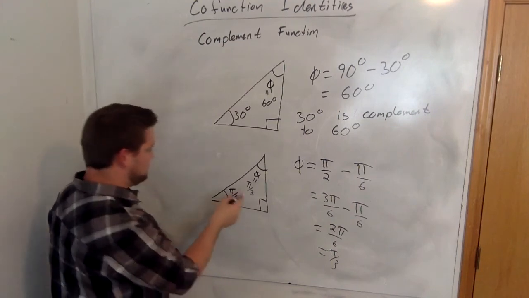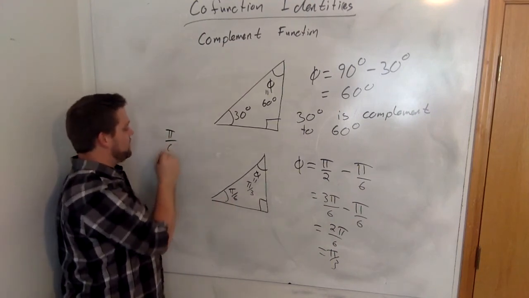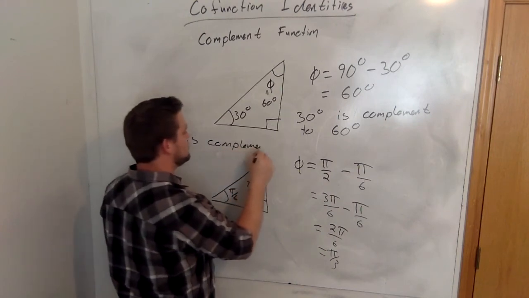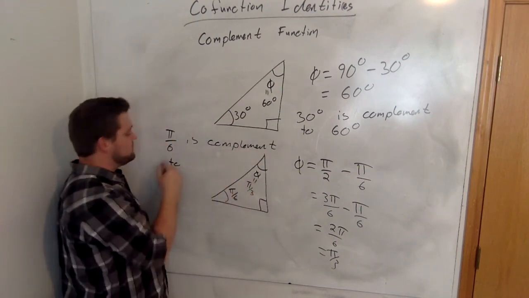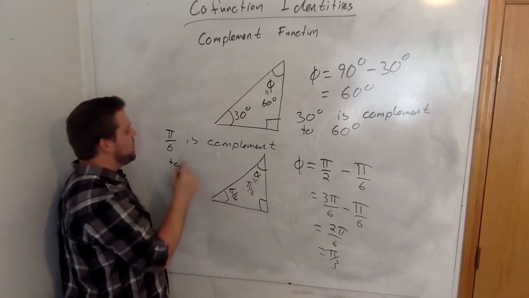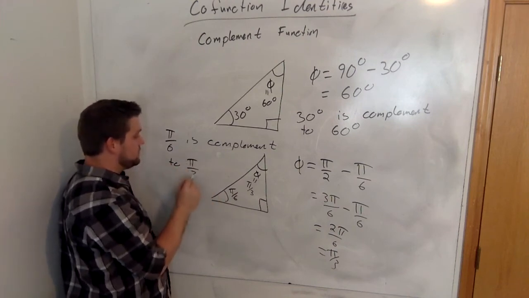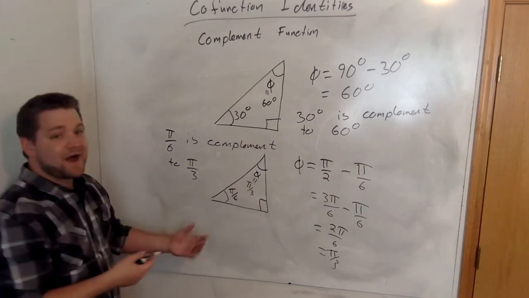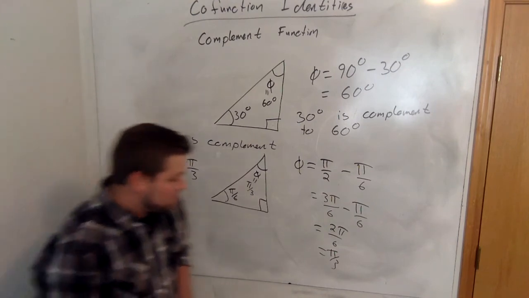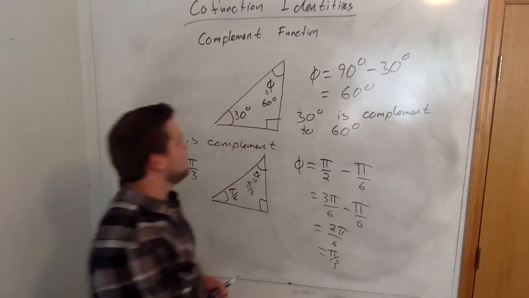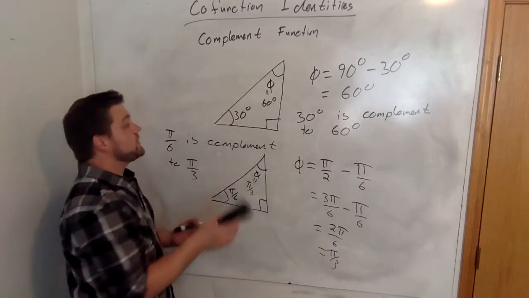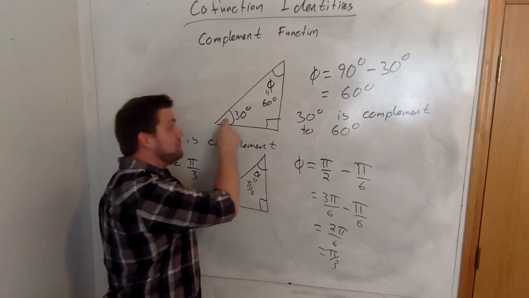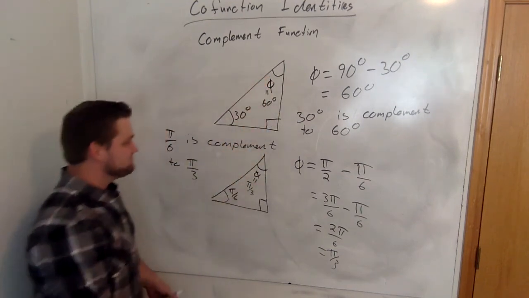We would also say in this picture that pi over 6 is complement to pi over 3, and likewise, pi over 3 would be complement to pi over 6. So these are complement angles. Really, if you're on a right triangle and you're at one of the non-right angles, its complement would be the other non-right angle.